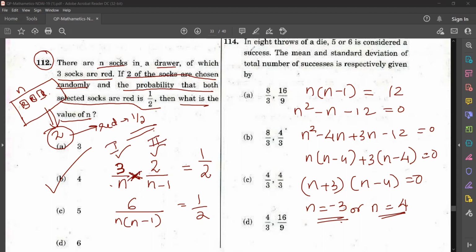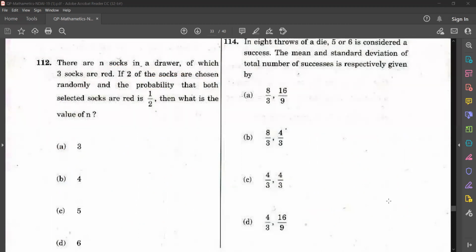Let's go to the next question. Question number 113.